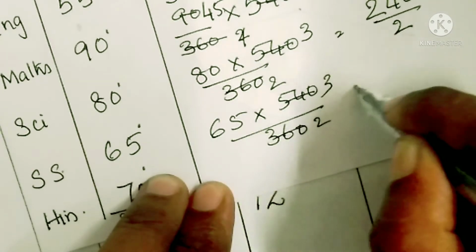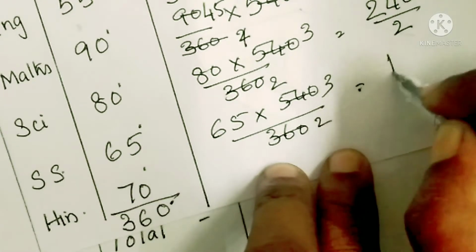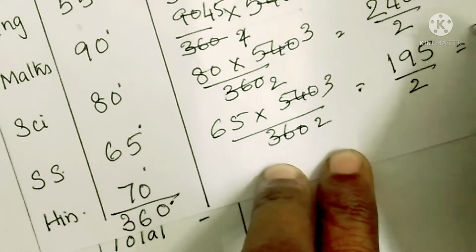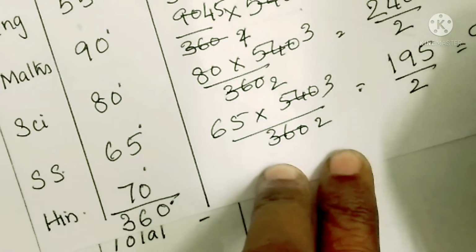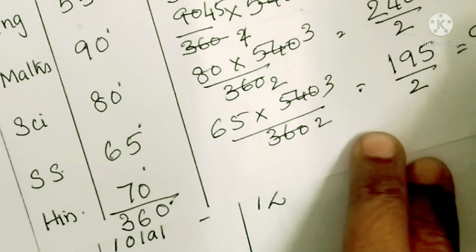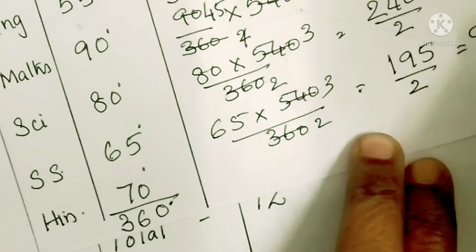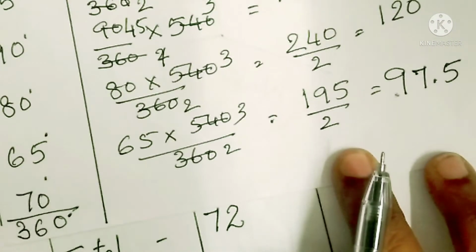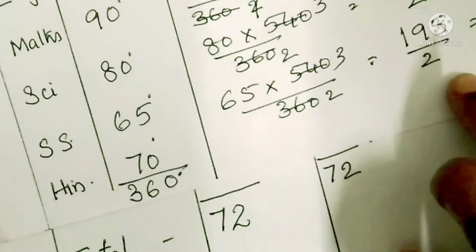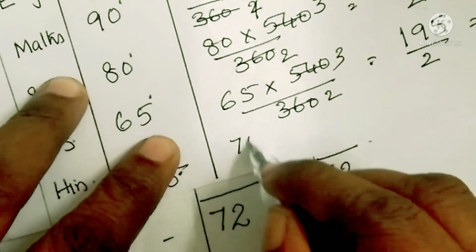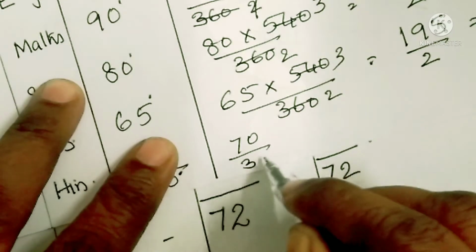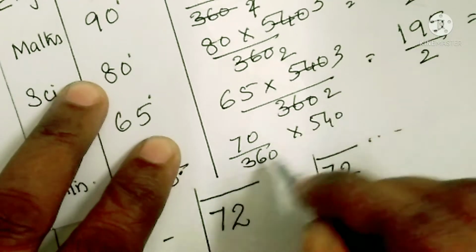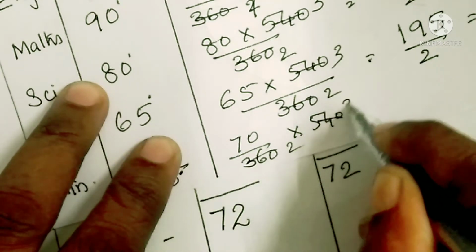3, 2. When you multiply, 195 upon 2, that is 9 2s are 18, then 7 2s are 14.5. So the answer is 97.5. And the last one is 70 upon 360 into 540. So 2 and 3.